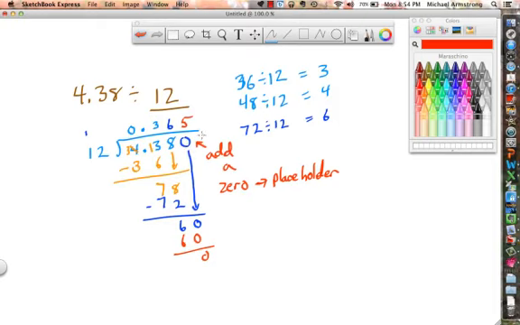We had 0 thousandths, but we went ahead and added that 0 on so that we could say we had 60 thousandths, so 12 would go into that 5 times. So 4.38 divided by 12 is 0 and 365 thousandths. That's the answer. Okay, that's all. You don't have to listen to any more. We're done.